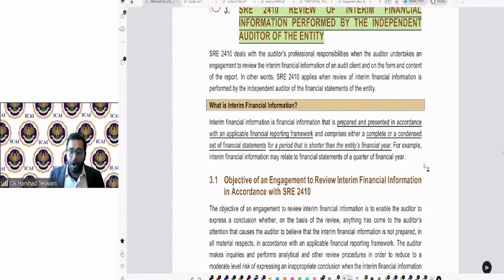It could be AS, Ind AS, or any other financial reporting framework like Regulation 33. That is your interim financial information.